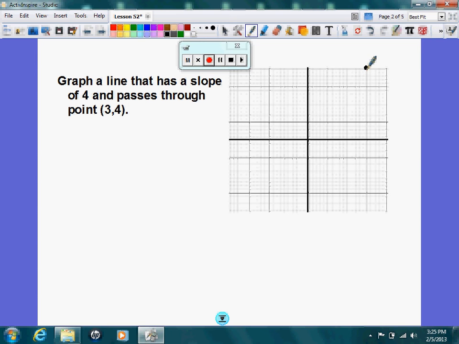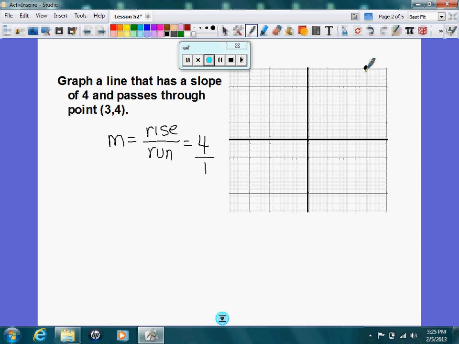Well, if we start here and go up, we're going to run off the graph. So we can start here and come down, though, and still have a rise over run. See, m is also rise over run, equal to 4 in this case, and 4 we could write as 4 over 1.